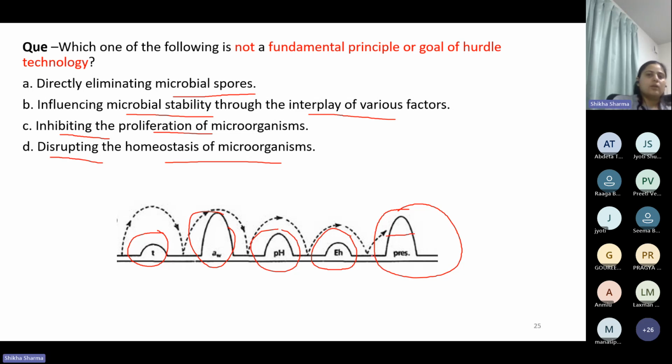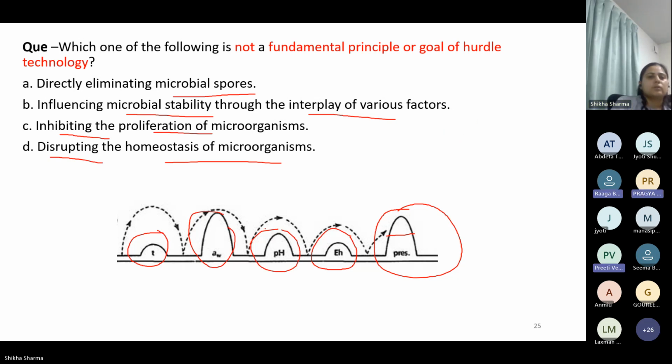By this method we can get sterilization of the product with low intensity treatments which cannot harm our product. So anyone, which is not a fundamental principle of hurdle technology?